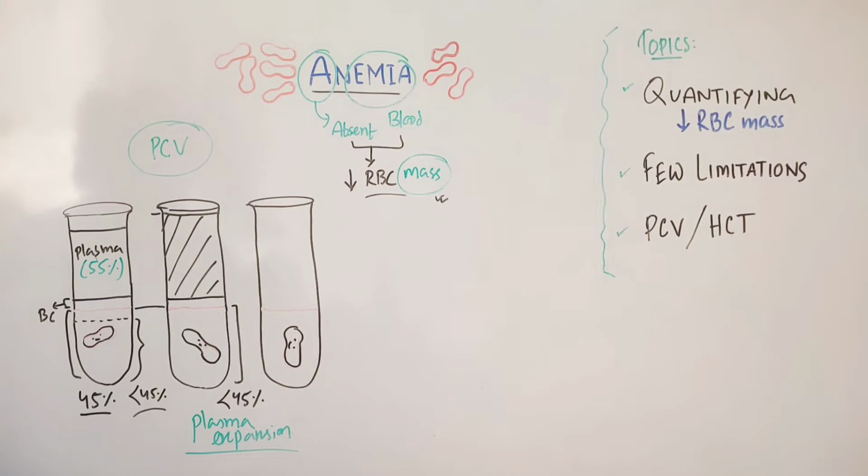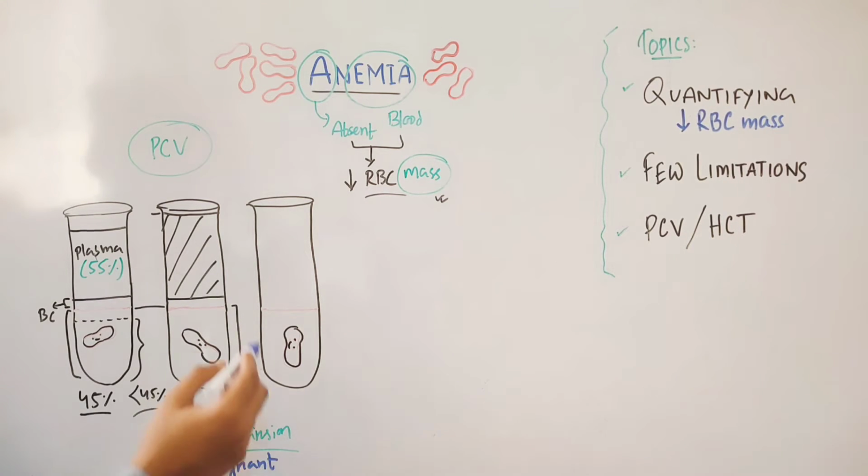So what are some causes of plasma expansion? A very common cause can be pregnancy. So a pregnant woman has an enhanced amount of plasma volume, because remember, a pregnant woman has to supply the fetus as well. So blood volume has to be more. So pregnancy is one of the causes.